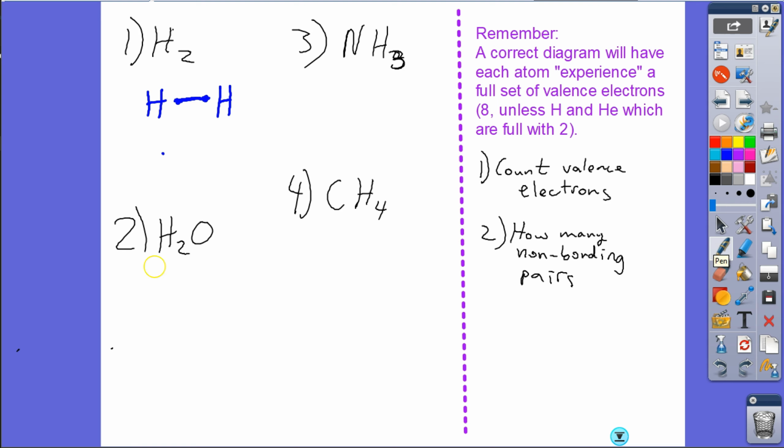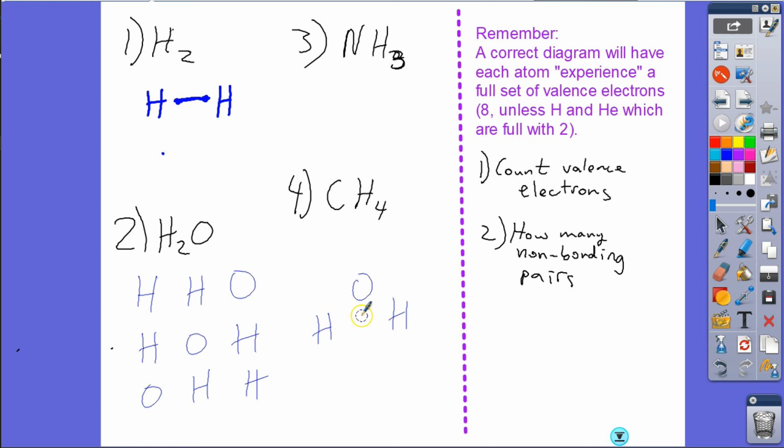Okay, number 2, H2O. There's some choices you have to make here, since there's 3 different ways I could write these out. The order that you write them in could be anything like this. And then even more complicated is we'll find maybe they're not actually even in a line. Maybe it looks more like this, or something crazier.